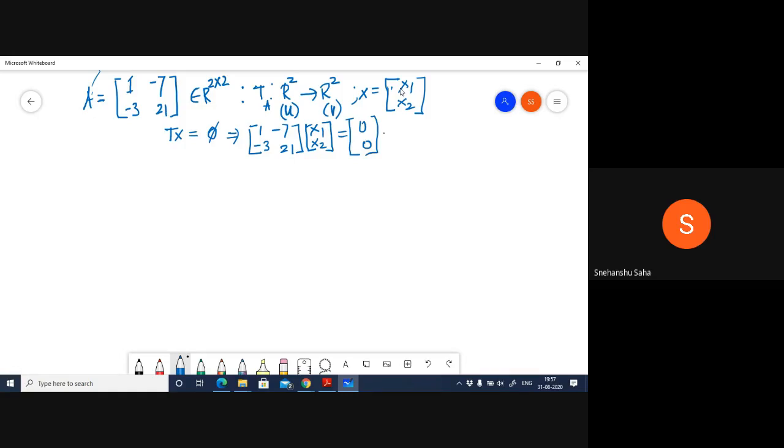Simple enough. If you look at this, I pretty much have one equation, not two, because the second row is just 3 times the first row. So what I really have is x1 minus 7x2 equal to 0. That's it.